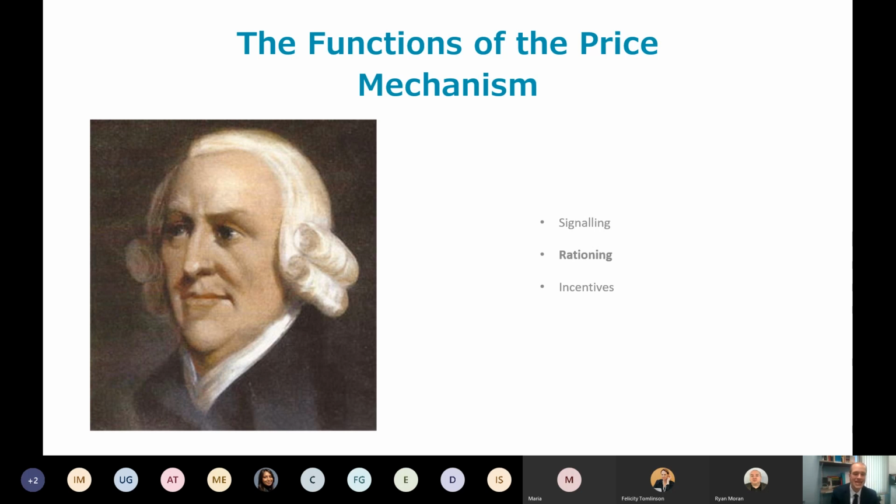Okay, this is the 18th century Glaswegian economist, Adam Smith. Adam Smith was born and lived in Scotland for his whole life.